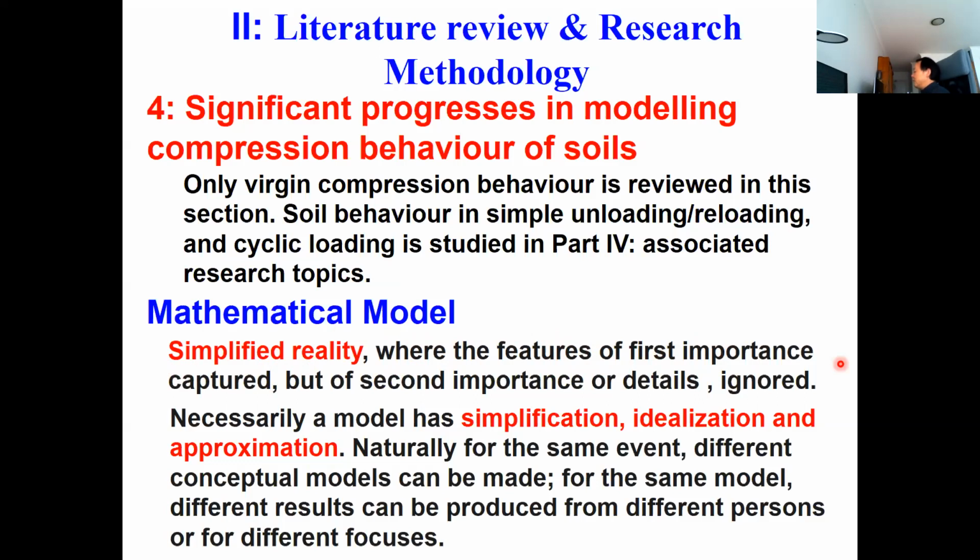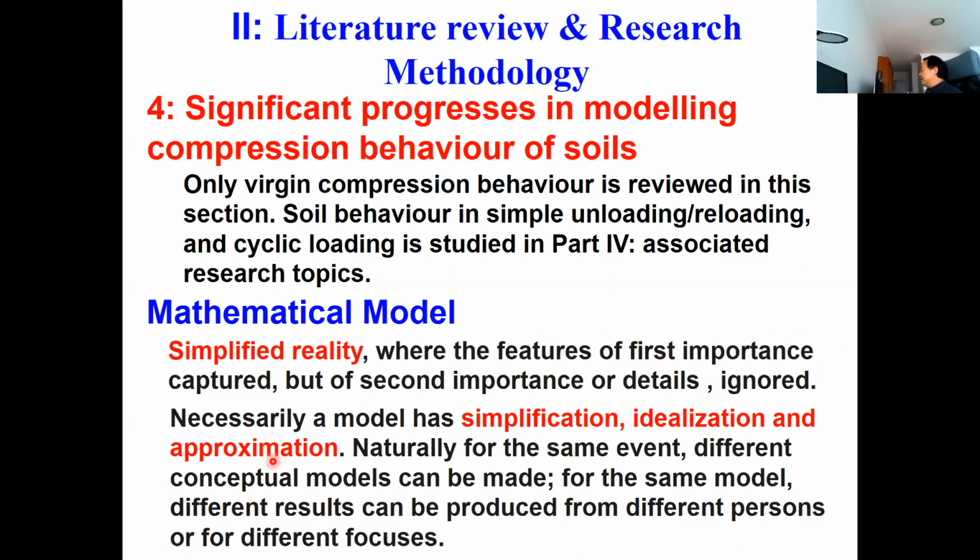Like for example, if I want to build a model to calculate your income, I maybe only concentrate on your major income. What is your salary? What is your constant fixed income? If it is tips or occasionally money you found on the road, we don't take that into consideration because that's not a feature of first importance. So the mathematical model is simplified, idealized and approximated.